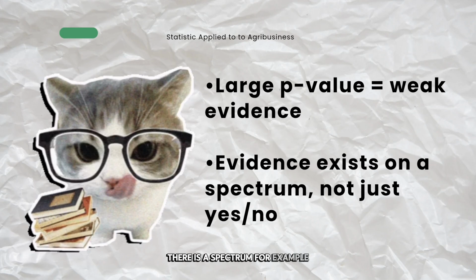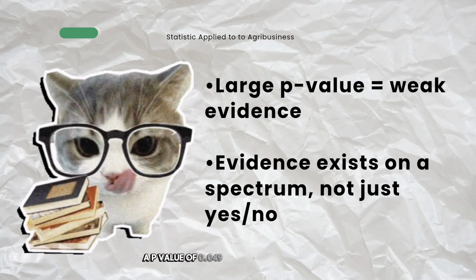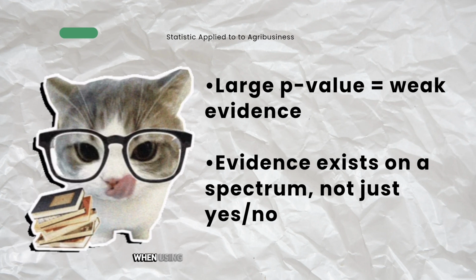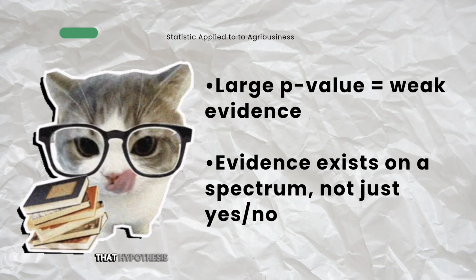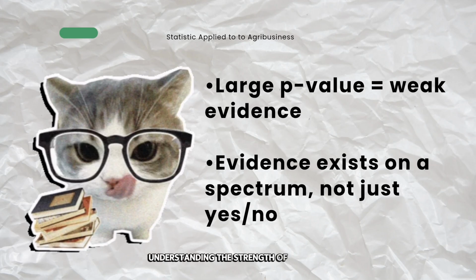For example, p-values of 0.049 and 0.051 are very close, yet they lead to different decisions when using an alpha equal to 0.05. This shows that hypothesis testing involves judgment and interpretation, not just mechanical rules. Understanding the strength of evidence helps us make more thoughtful and responsible conclusions.